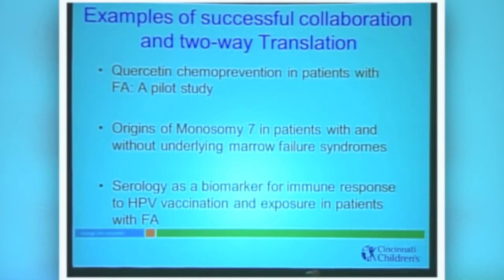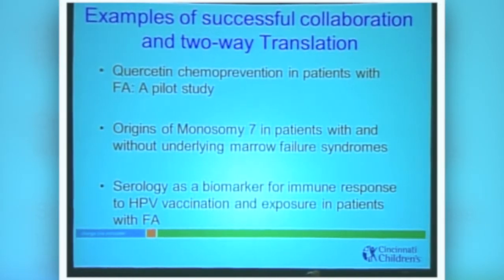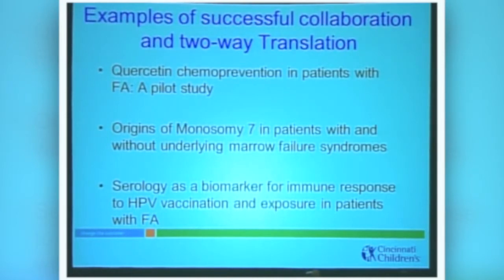Having a repository gives us the ability to go back in time on patients in which we have serial samples to say at what exact time point the switch flipped from being okay to being monosomy 7 or any other clone positive.